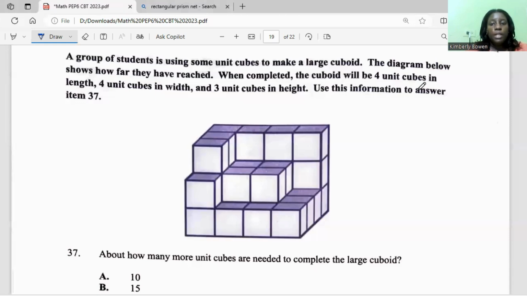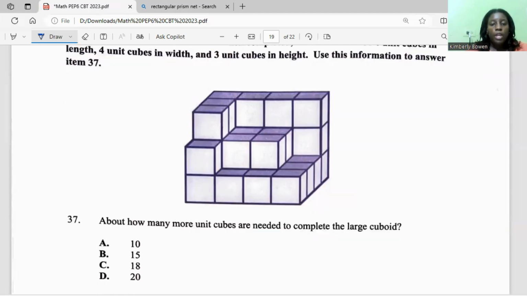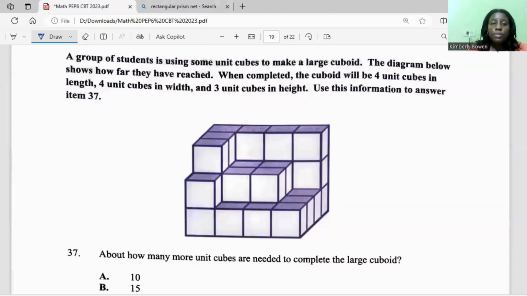Use the information to answer item 37. How many more unit cubes are needed to complete the large cuboid? Let's see. It should be 4 times 4, 16 times 3. That is 48.